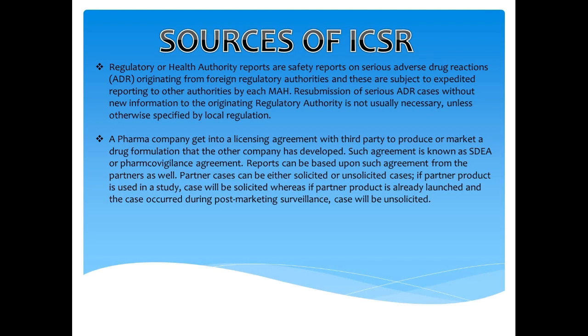Other regulatory authority means a drug or a particular brand name product is not only sold in one country, but is sold in various countries. So various countries have various regulatory authorities.